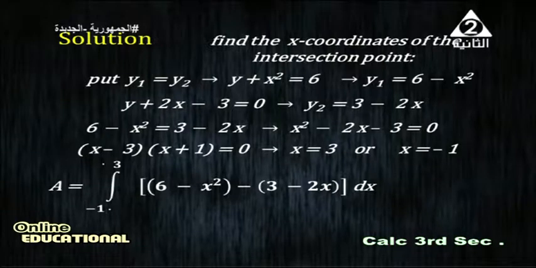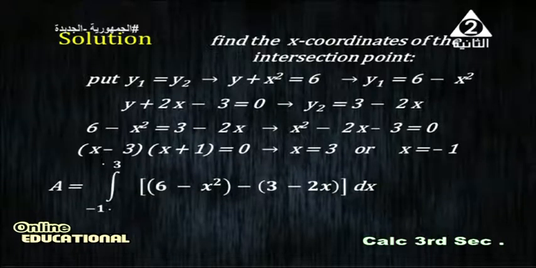Note that we write the function 6 minus x power 2, which is y1, minus 3 minus 2x, which is y2, because the function y1 is bigger than the function y2 in this closed interval from negative 1 to 3.